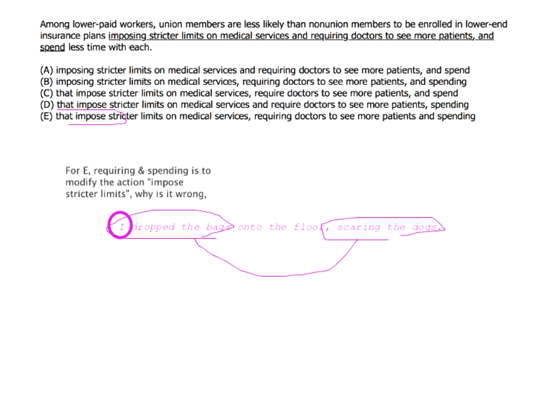So the doer of that action is the plans. So requiring is fine, but spending is not fine because plans don't spend time with people. So you still get nonsense here.